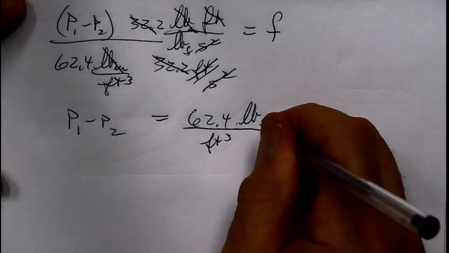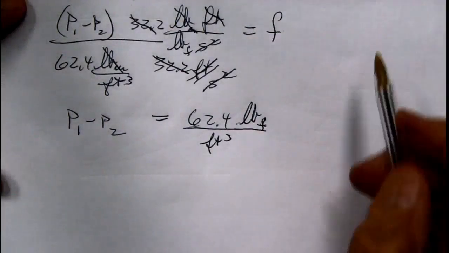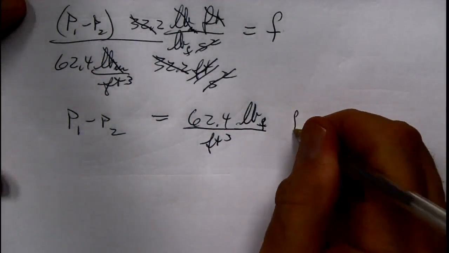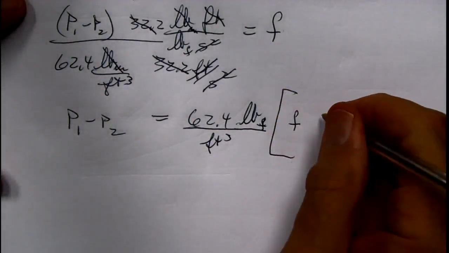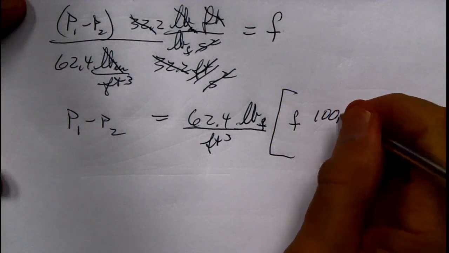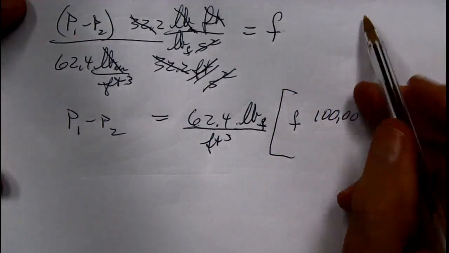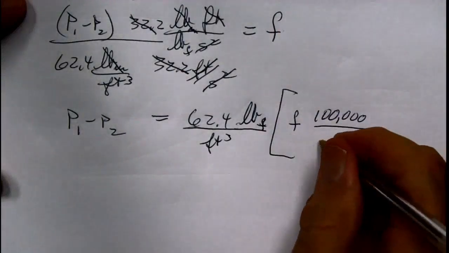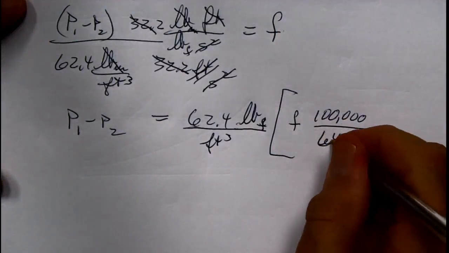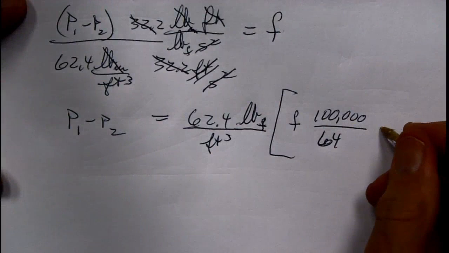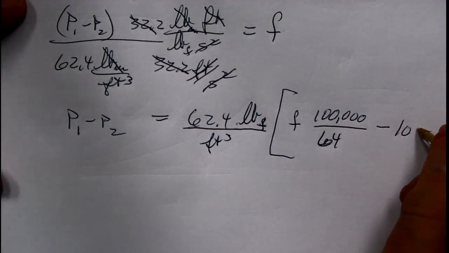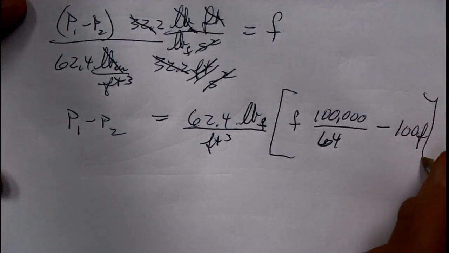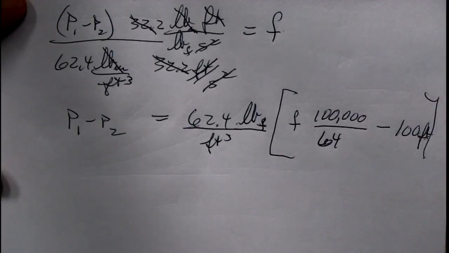And if I look at this, I got F times 100,000 divided by 64, roughly. We'll call it 64. And then this is minus 100, I think. And that's 100 foot.